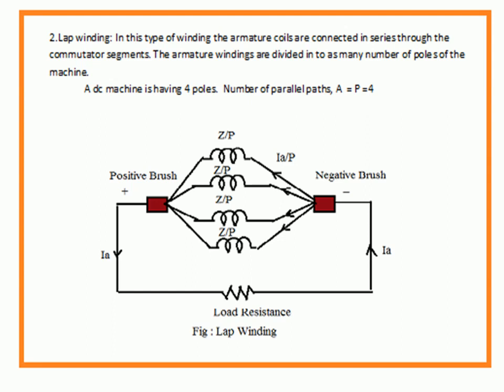That means the number of parallel paths A equals the number of poles in lap winding. Remember, hence the conductors in each path is Z by P equal to A. For a 4-pole machine, Z by 4. Similarly, the current flowing through each branch is Ia divided by 4, because it has 4 parallel paths.